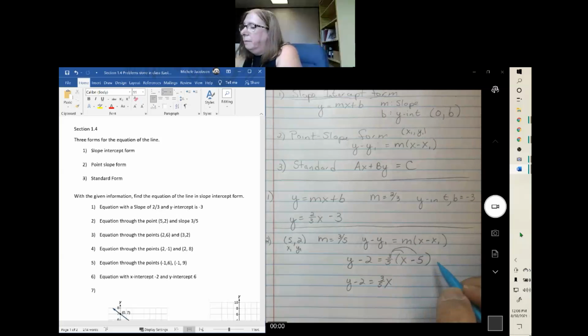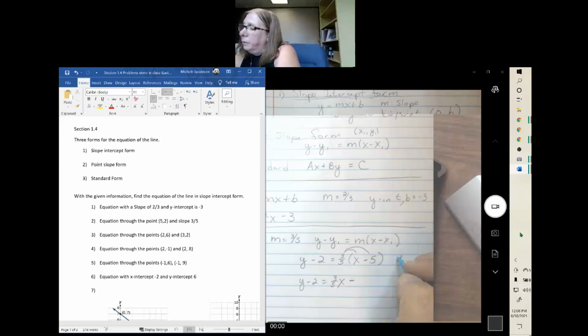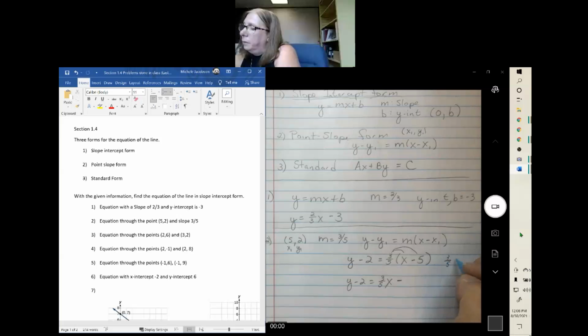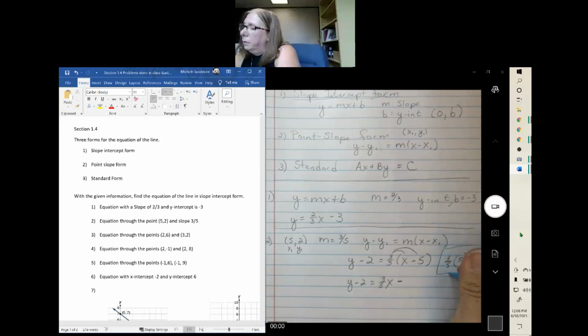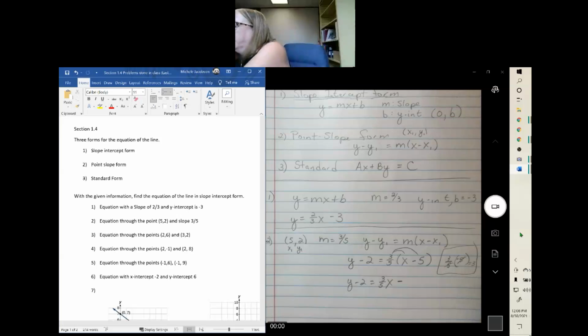When we take 3/5 times a -5, positive times negative is a negative. When we multiply by the 3/5, notice the 5's cancel and just leave a 3. Let me put the negative in there so we have it, but it's a -3.